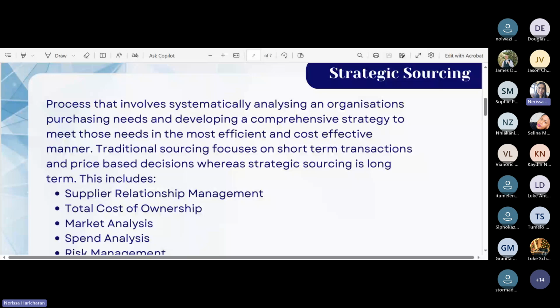contribute towards strategic sourcing is supplier relationship management. You want to be able to build and maintain a very strong relationship with your suppliers, so that you have long-term collaboration.